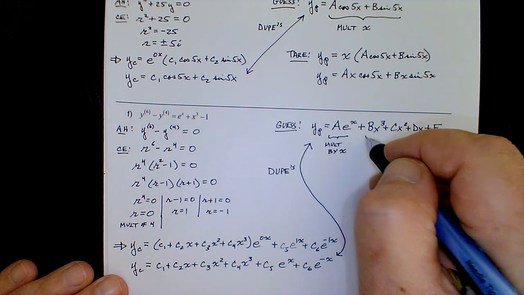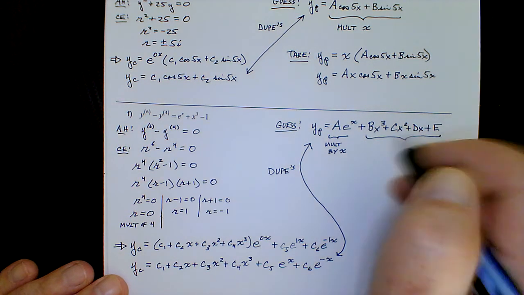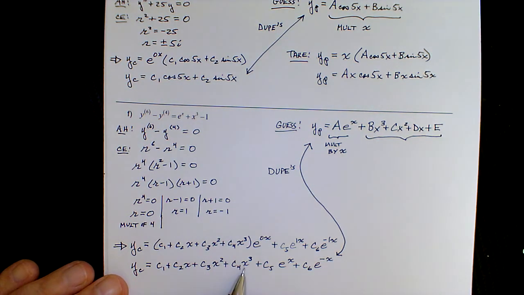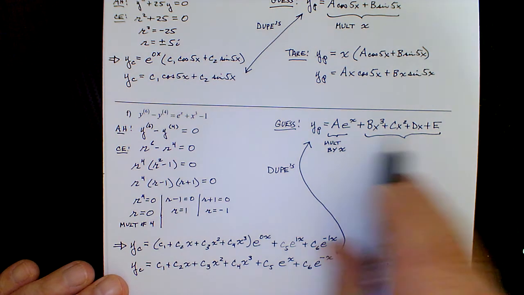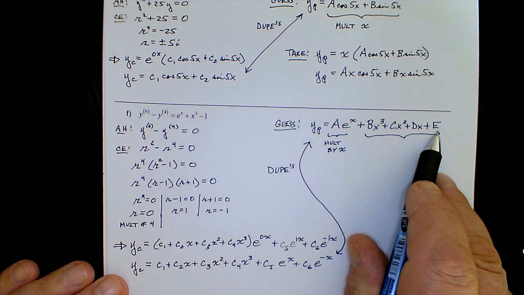Then there will not be any duplications. But now this whole polynomial part, the highest power of x that we have in the complementary function is x cubed. So we have to avoid that in this portion of the solution.